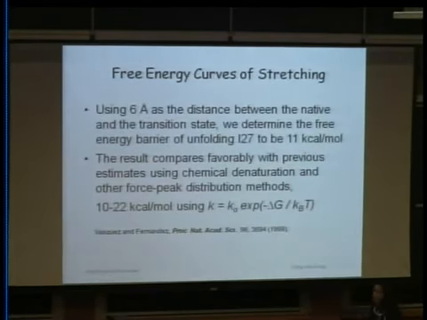To compare, this is a little bit of detail just to show we can compare to data measured with other techniques. Other techniques usually measure the kinetics, the rate K, and the pre-exponential factor K0 is usually guessed, so their delta G is an estimate.